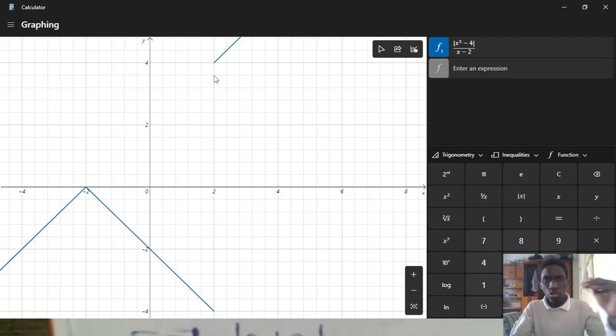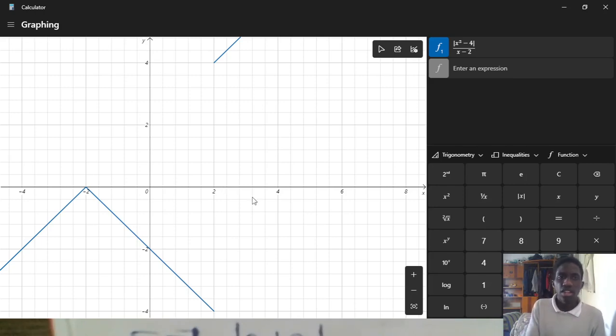You must approach the same value, the same f of x, the same y value, as you approach the specified value from either the left or the right. You must approach the same value for a limit to actually exist. And if you don't approach the same value, then the limit does not exist.